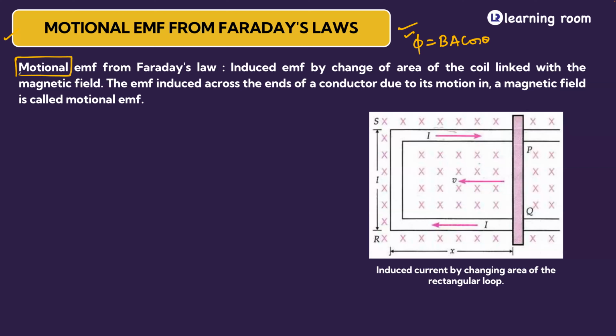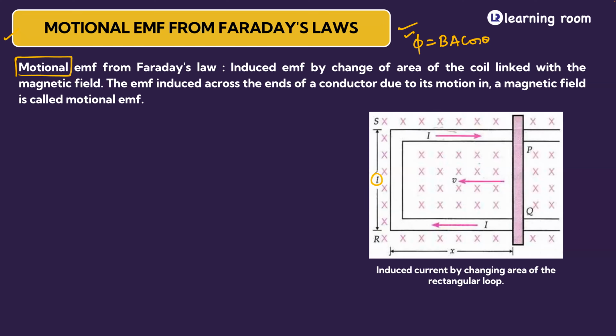For that, the setup we need to create is a railing in the shape of C, which is frictionless, on top of which you have a conductor PQ whose length is taken to be L. Though the conductor extends further, we take only this length because these are the ends across which the EMF is expected to get induced.